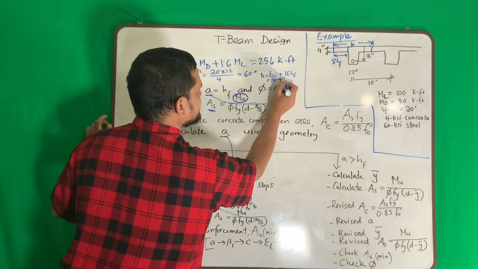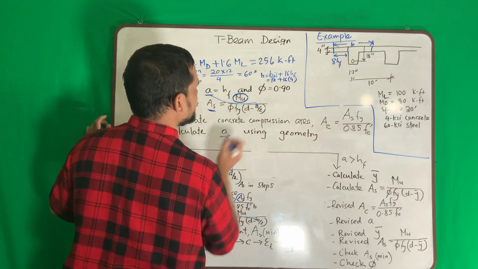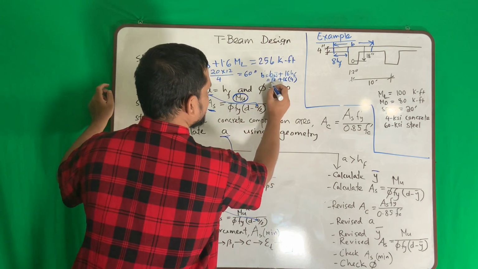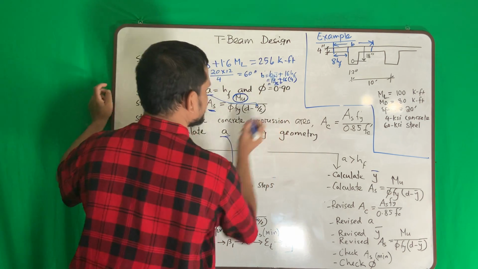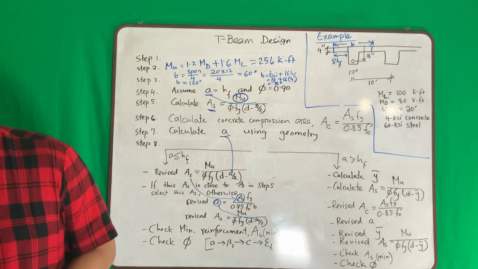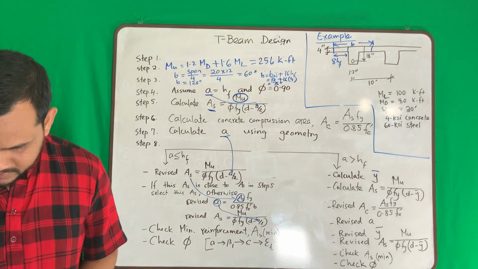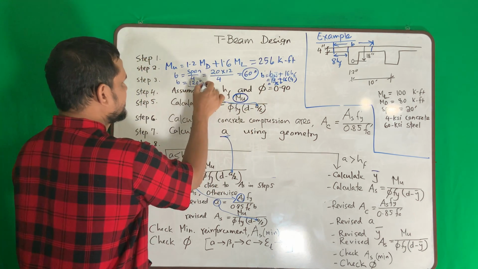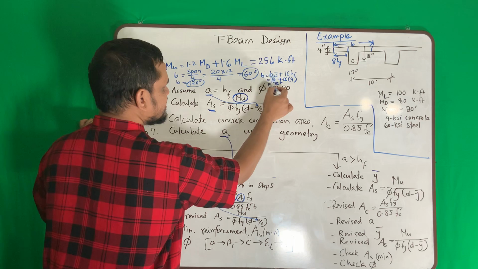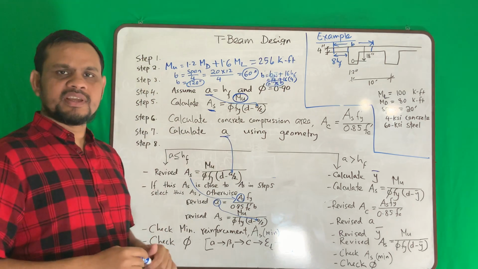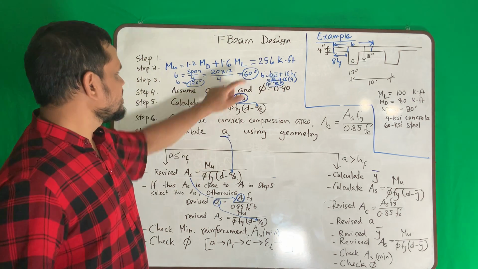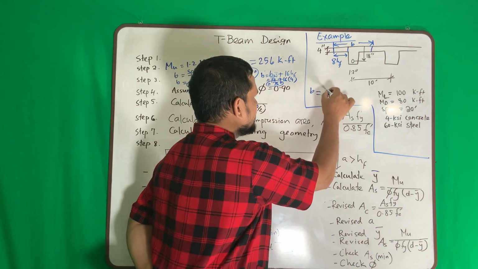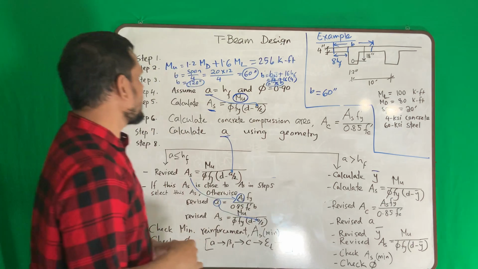So 12 plus 16 times 4 means 76 inch. Yes, 76. So one b says 60, other b says 120, other b says 76. So what is our b? The smallest one. So b is 60 inch.